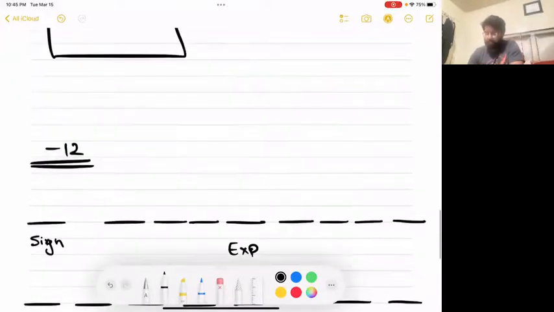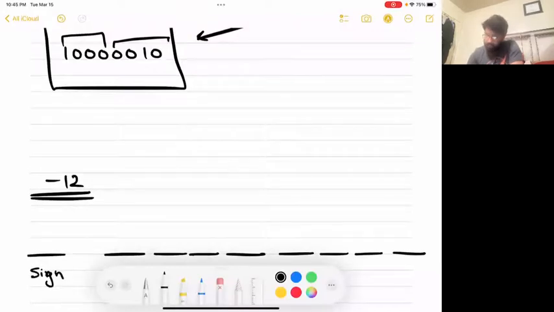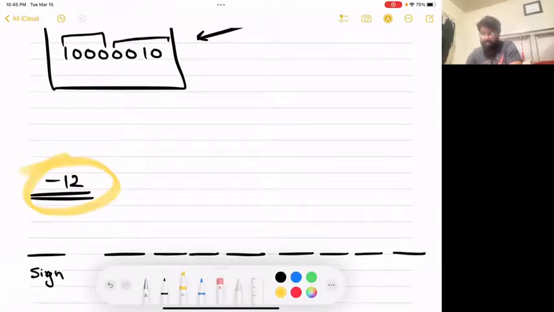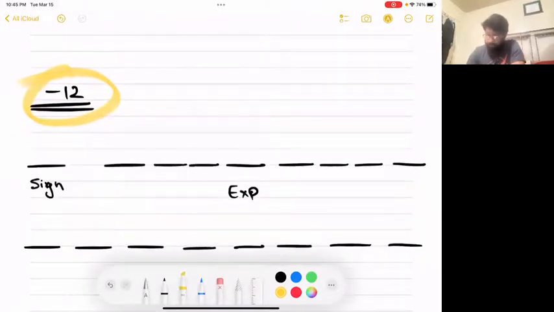All right. So let's look at the number. This is a negative number. And as we talked about earlier, if it's a positive, the sign bit is 0. If it's a negative, the sign bit is 1. So we can just write this as 1.